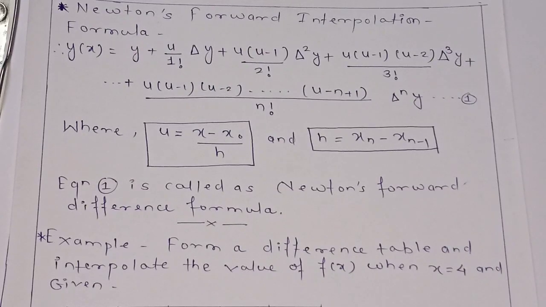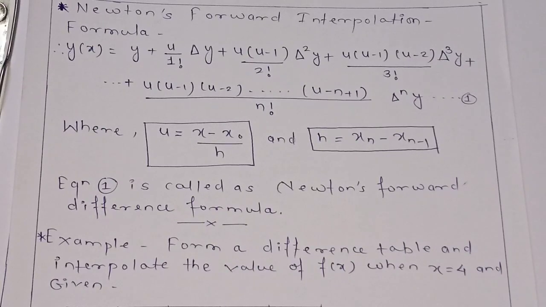My topic is Newton forward interpolation. Before going to introduce this topic, I am going to talk about the types of different interpolation methods. There are three different types of interpolation method. First, Newton forward interpolation. Second, Newton backward interpolation.